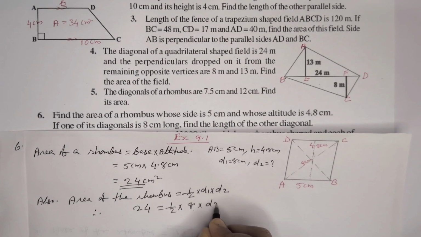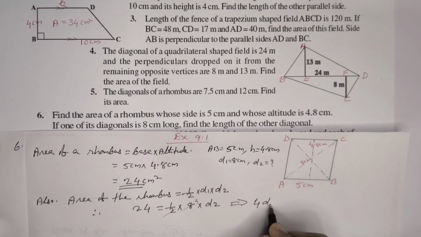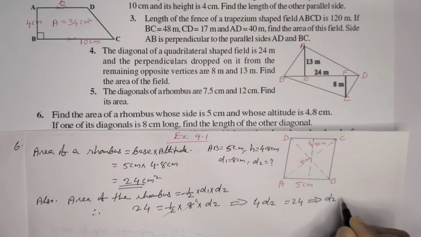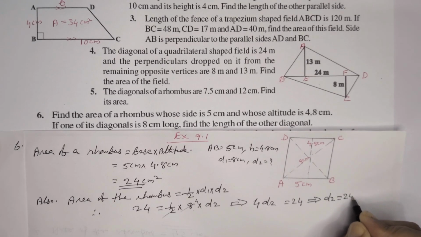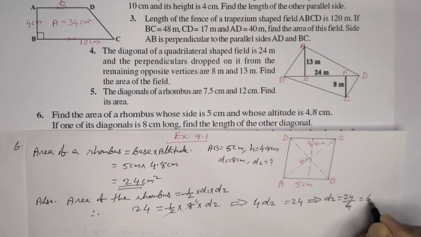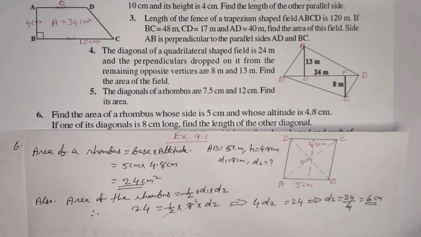We have to find D2. Divide by 2, here 4, which implies 4 into D2, 4D2 is equal to 24. From that, D2 is equal to 24 by 4, which is 6 centimeter. Now we got the length of the other diagonal. Here in the figure, BD is the second diagonal. So length of the other diagonal is equal to 6 centimeter.